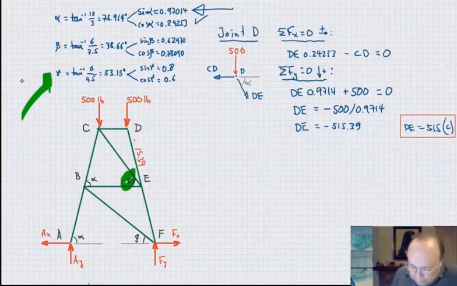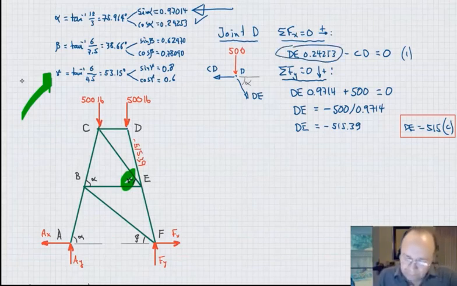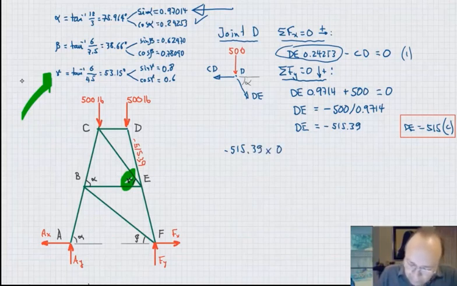This 515.39, I put it right there. Now that I have DE, I can go back to my equation here. Let's call it equation 1. So I can say this DE, that is minus 515.39, times 0.24253 minus CD equals 0.